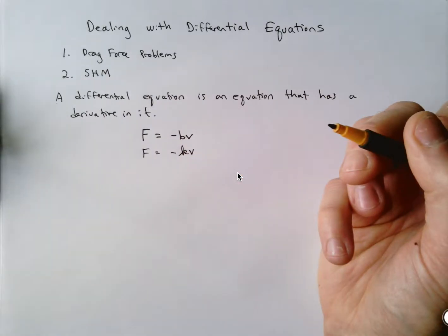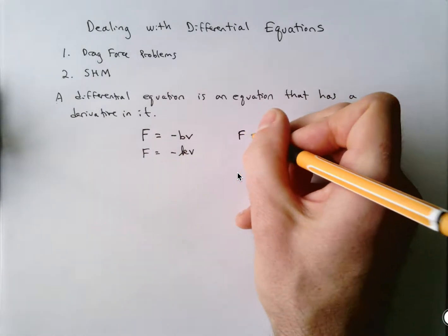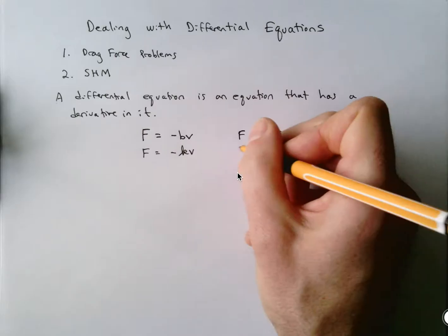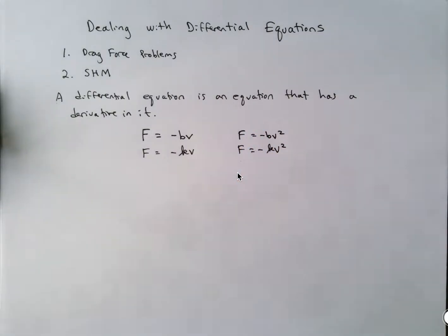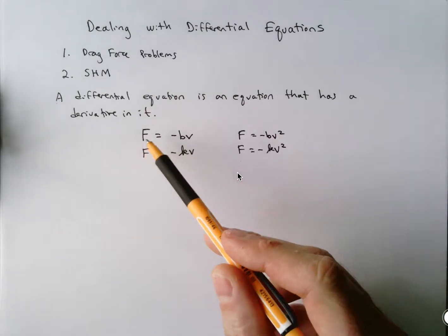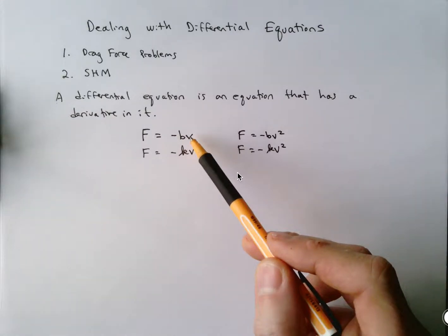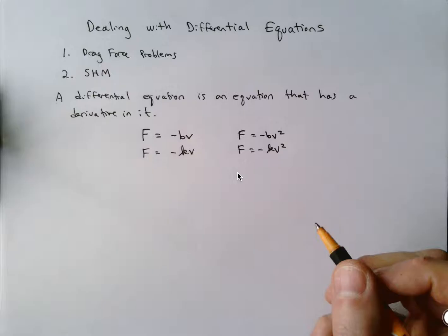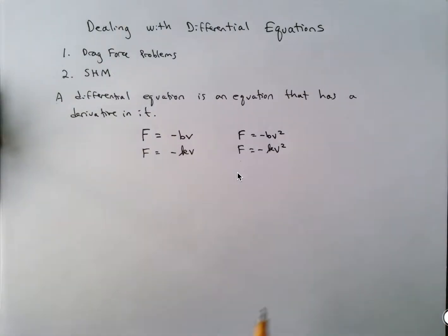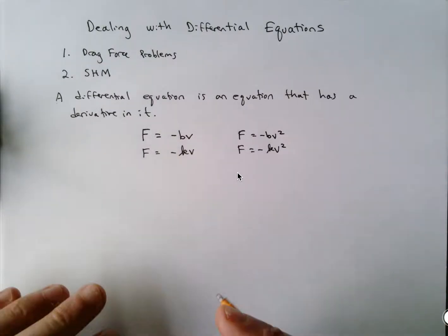More rarely, they might say F equals negative bv squared or F equals negative kv squared. It actually depends on how fast the object is moving through the air. At slower speeds, drag force is usually directly proportional to the speed. At faster speeds, it's proportional to the speed squared. So really just whatever formula they give you, go with that formula.